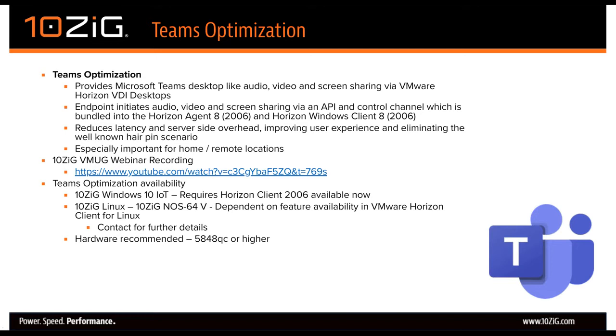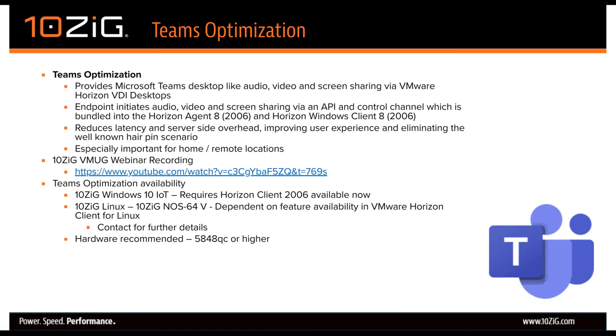And I've also included a 10ZiG handout in the content area, which specifically covers the VMware Teams optimization deployment. Now, that specifically at this point in time is supported on Windows 10 IoT-based clients as well. I'm sure everybody's going to be asking a question around support for Linux. We are tentatively waiting as well.